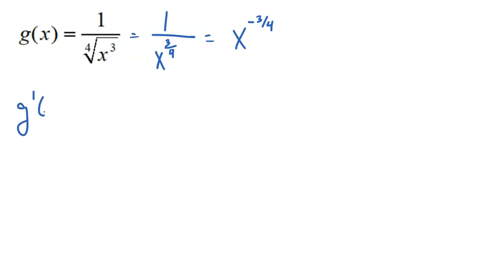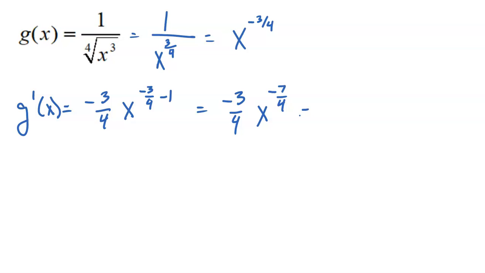So the derivative, g prime of x, is going to be this. The negative 3/4 falls down in front. X raised to the old power of negative 3/4 minus 1. That's going to be negative 3/4 times x. Let's see, negative 3/4 minus 4/4 is negative 7/4. Don't like negative exponents, so the negative 3 is fine on top. The 4 is fine on the bottom. That's coming from right here.